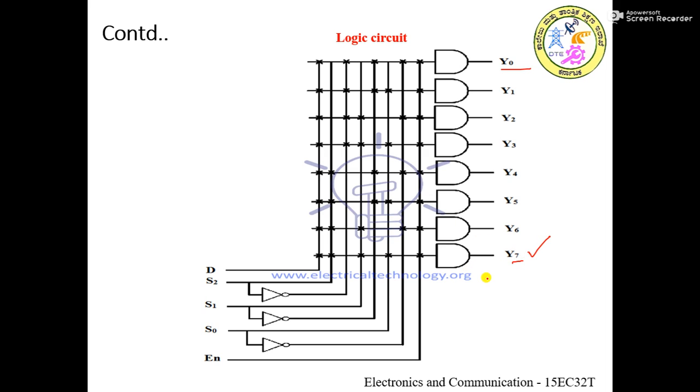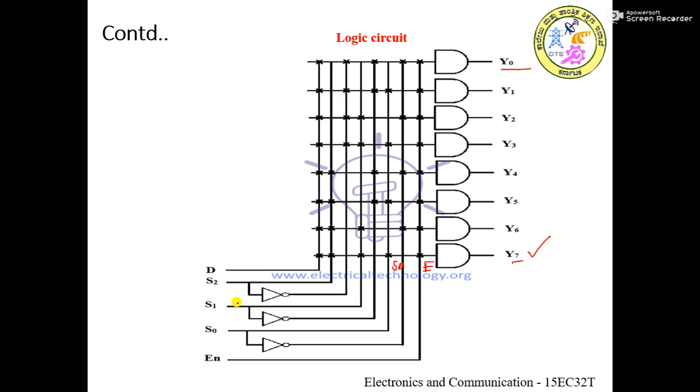Okay, Y7. Which lines are connected? The first line connected to Y7 is nothing but enable. Next, this line is connected. What is the content on this line? This is S0. Similarly, one more line is connected.